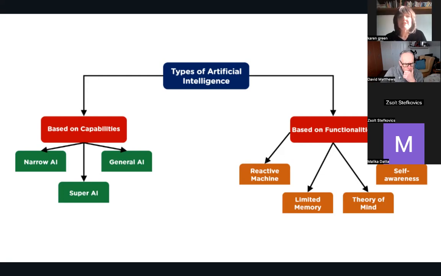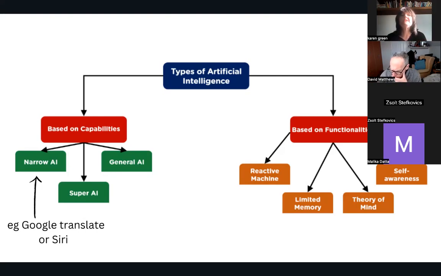So if I just whiz through this little diagram, because I found it quite useful. If we go from left to right, they've split artificial intelligence into capabilities and functionality. AI is a kind of scary term, but actually we're used to basic AI. It's been around for a while. So things like Google Translate, for those of you who don't know, I live in the south of France.